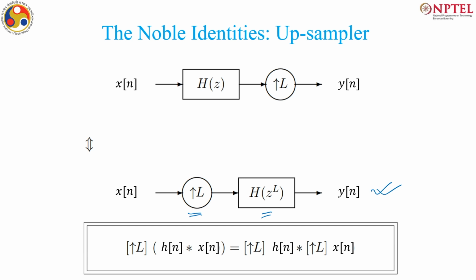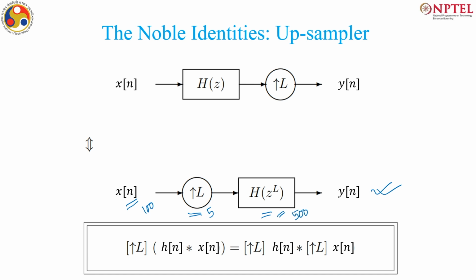So, what is the problem in this? The problem is that this filter is operating at a higher sampling rate. If my input signal was sampled at 100 hertz, and the value of L is 5, then this filter will operate at 500 hertz.